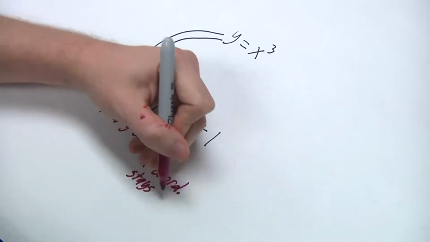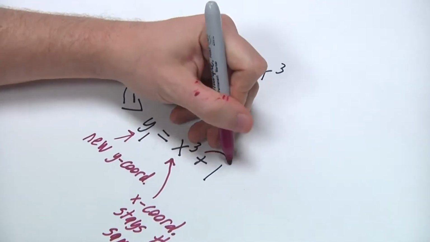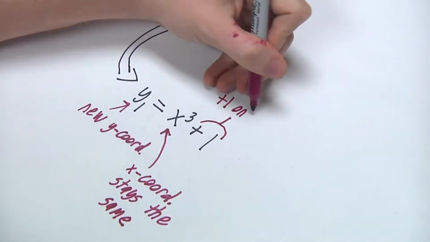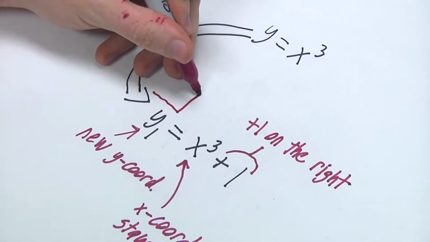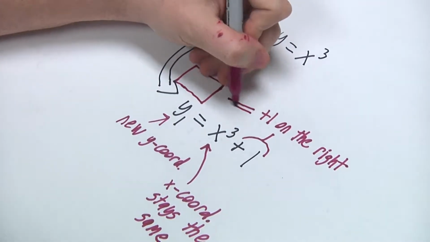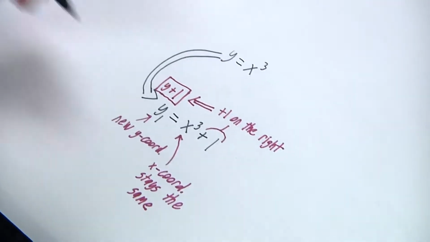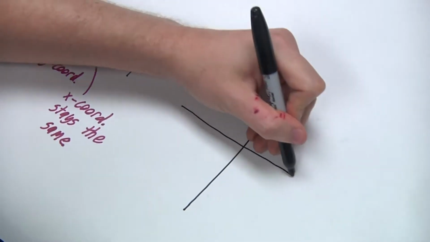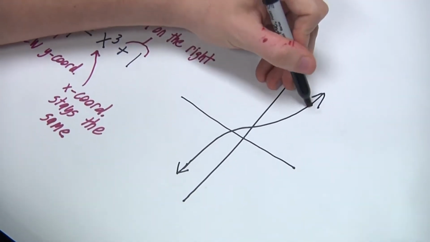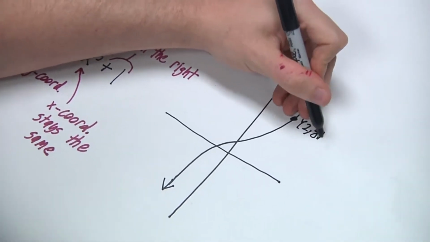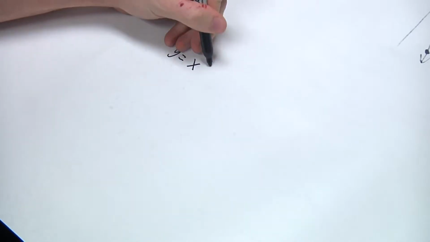The question is, what does the new y coordinate have to be in terms of y, the old y coordinate, in order for the equation to remain true? Well, we added 1 to the right side of the equation, so we must add 1 to the left side, so y1 must equal y plus 1. What happened here is the x coordinates stayed the same as they were, but every new y value must be 1 more than the old y value for the equation to remain true. In other words, all points in the graph simply move up by 1 unit.